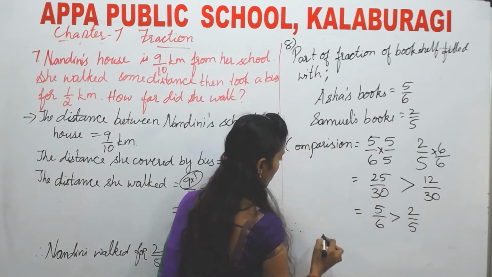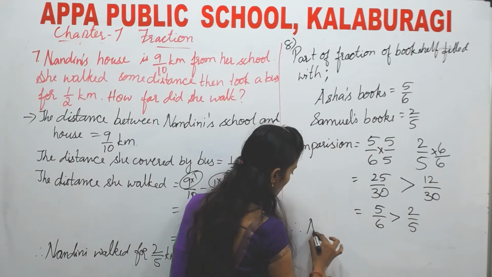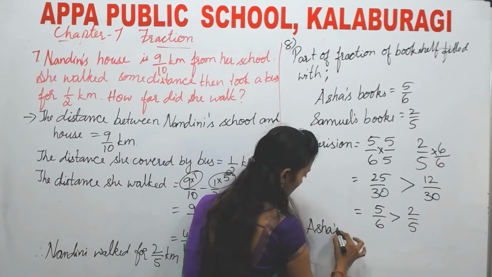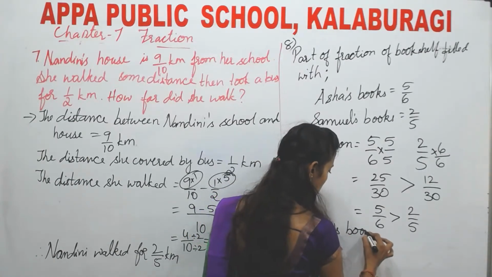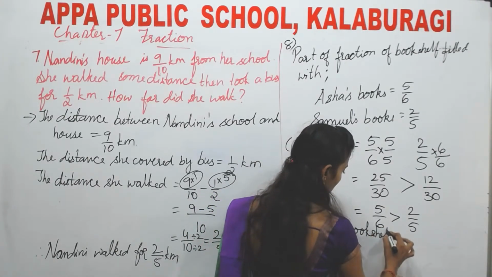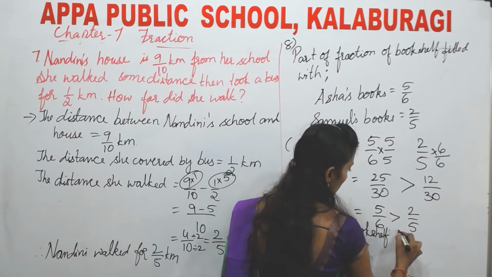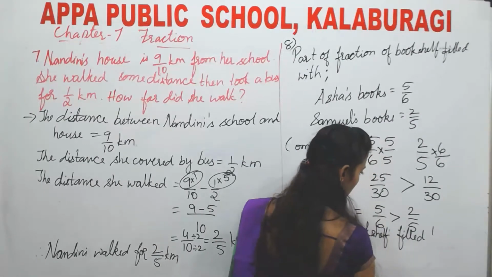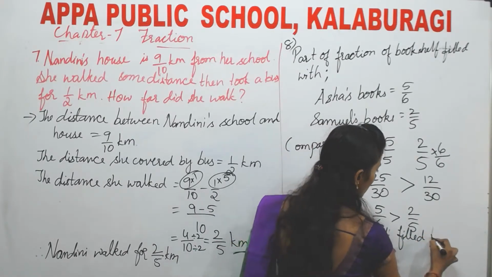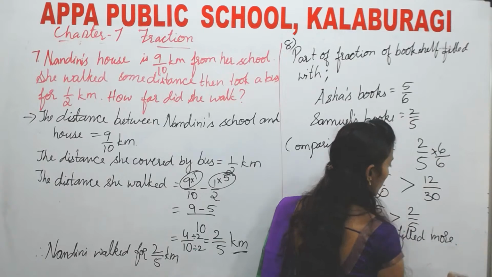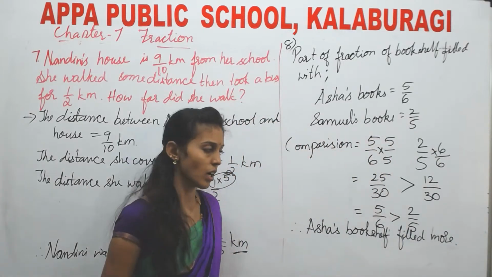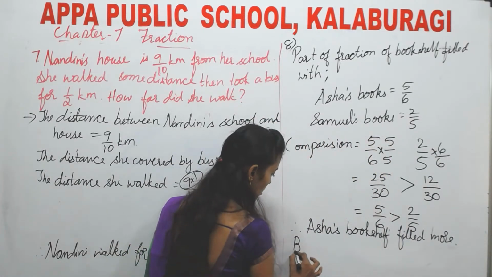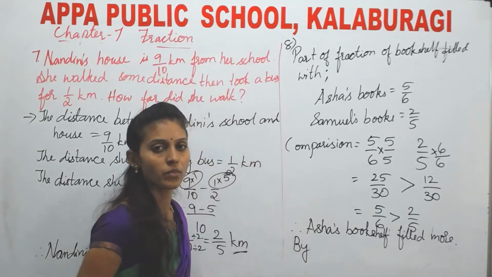So therefore, Asha's bookshelf is filled with more number of books. Let us write only more. By what fraction? They asked.